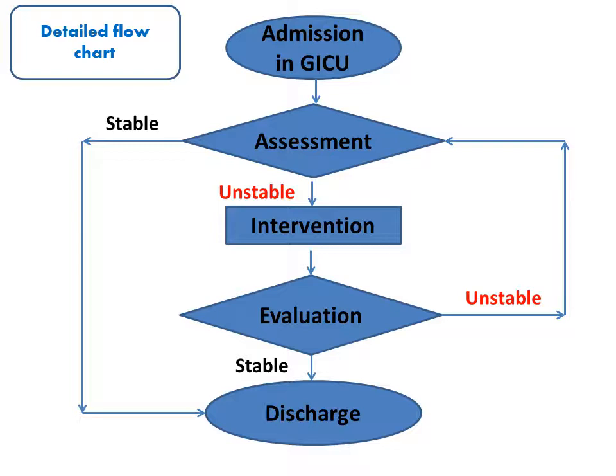If he is unstable, here is intervention, then evaluation again. Then if he is stable, we're going to discharge. But for the evaluation also, I have to take a decision. If it's stable, discharge directly. But if unstable, I should go again to the assessment or reassessment. So this is the detailed one.